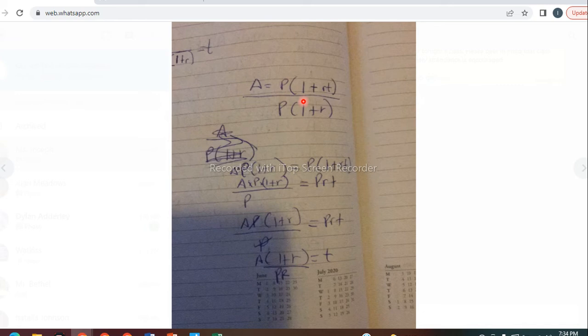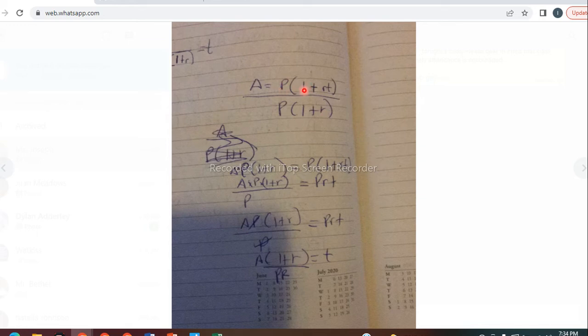The second thing is that when you divide top and bottom, you don't want to just leave out the t. You can't just leave out the t, because these two are connected to each other by multiplication.